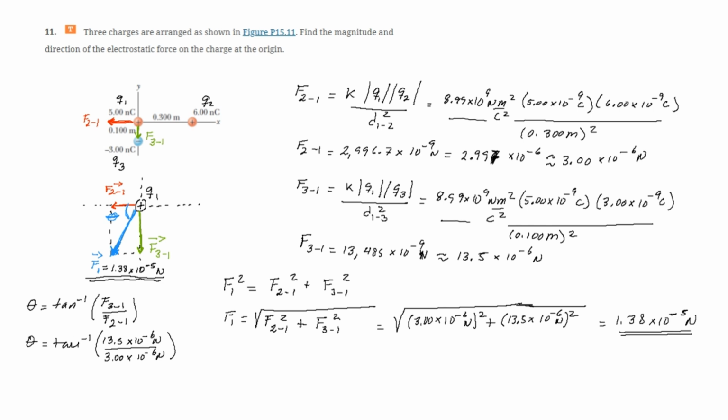Of course, the 10 to the negative 6 newtons cancel out, and then zeta is the tangent inverse of 13.5 over 3.00, and zeta would be approximately 77.47 degrees, which is approximately equal to 77.5 degrees.